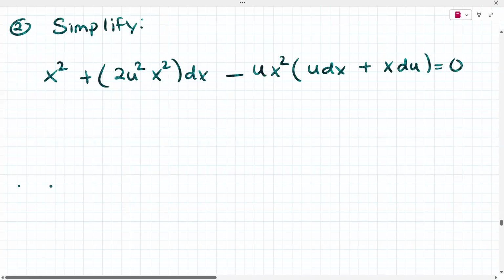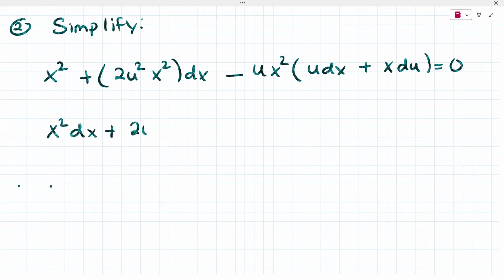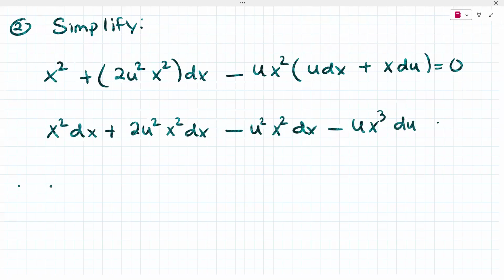Clean it up more, you get x squared dx plus 2u squared x squared dx minus u squared x squared dx minus u x cubed du equals 0.